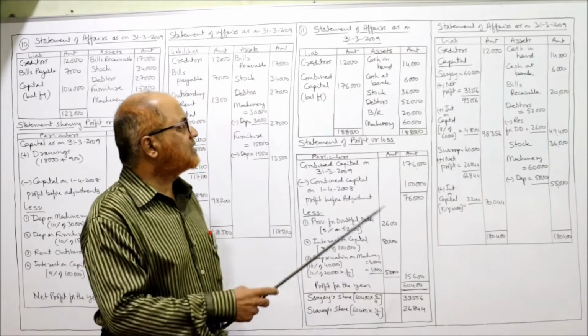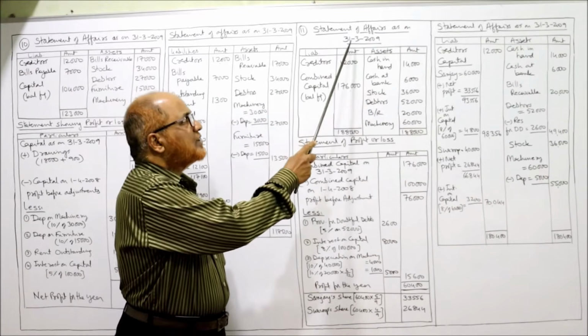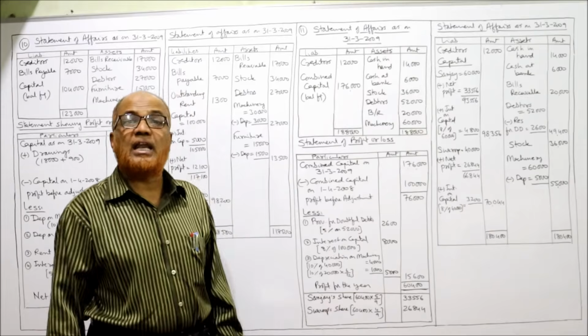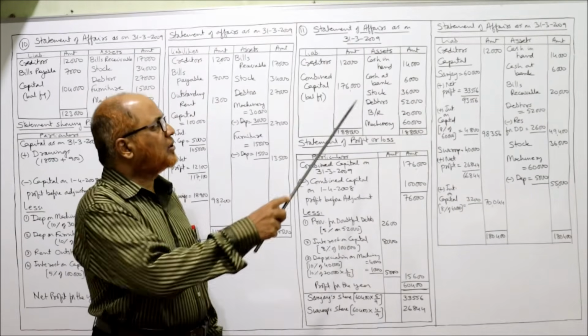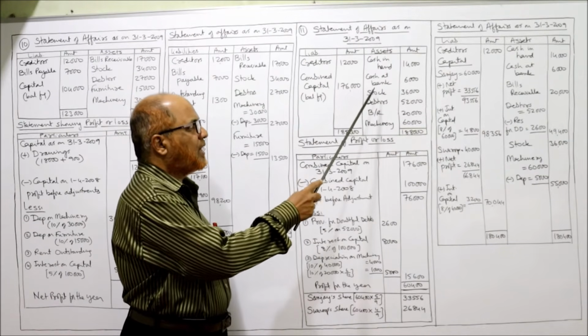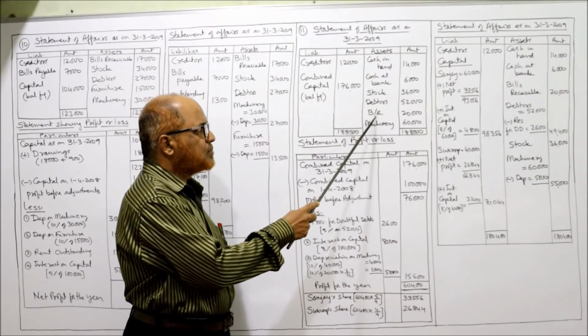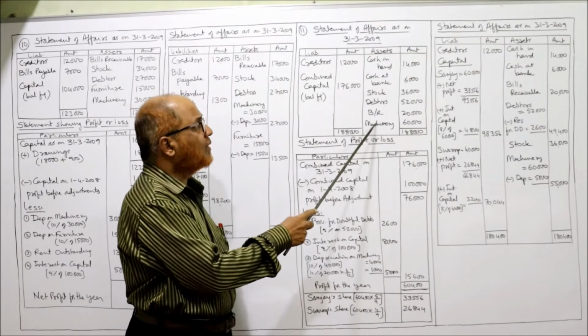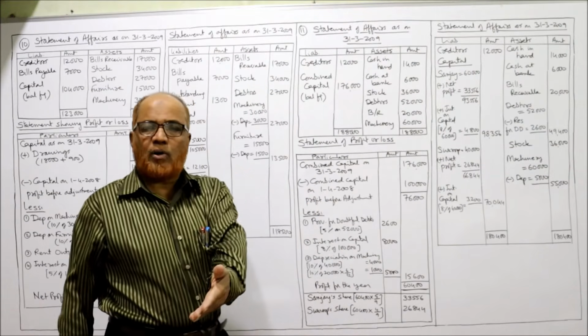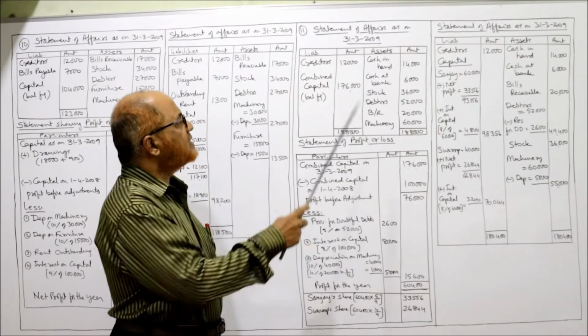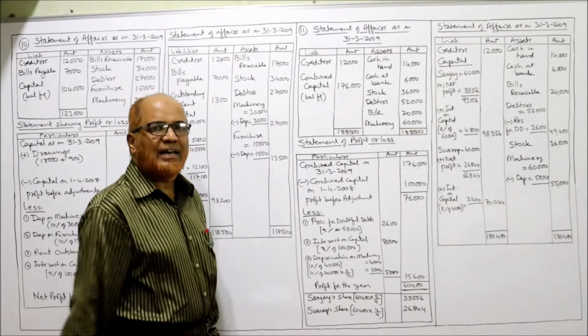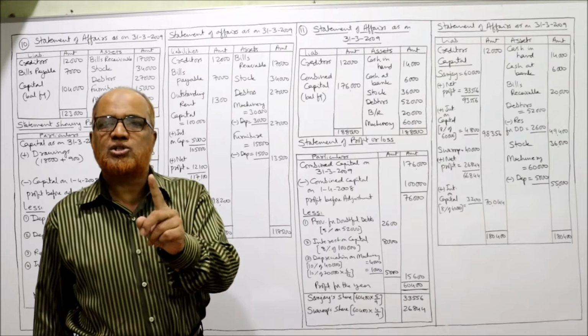So first of all, we find out what is the combined capital at the end of the year. So we make statement of affairs on 31st March 2009, end of the year. We take all the assets: cash in hand, cash at bank, stock, debtors, bills receivable, machinery. All the values are given. Liabilities are creditors. Only one liability is given, creditors, 12,000.